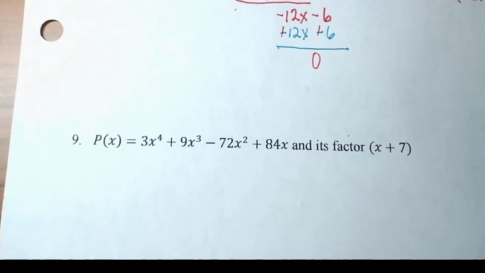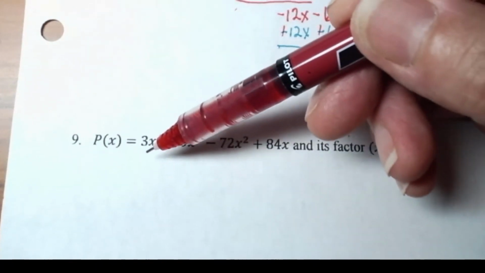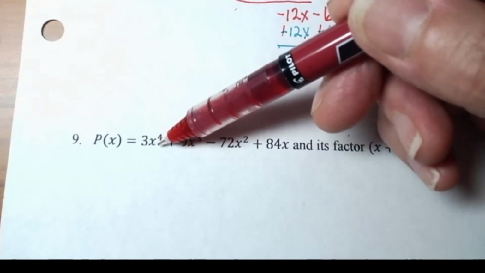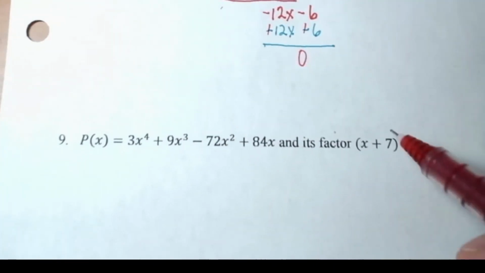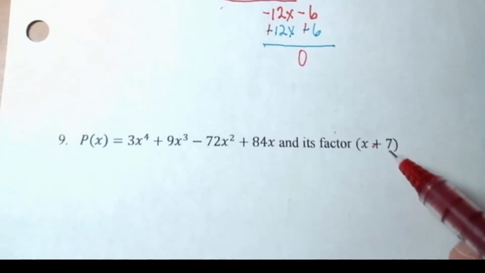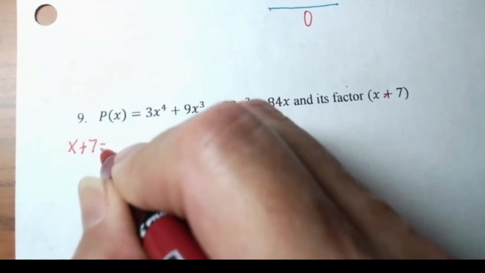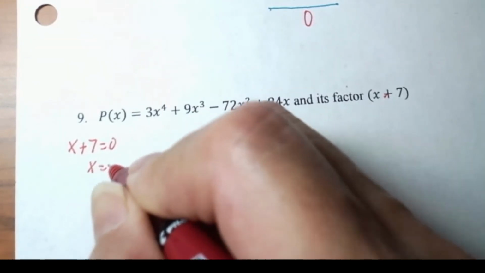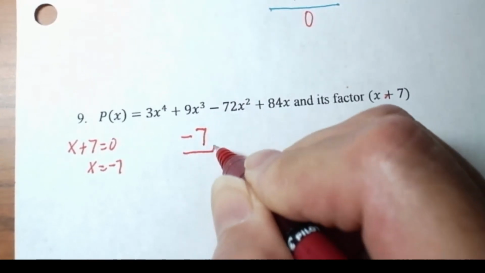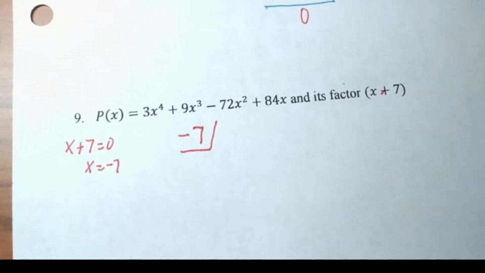Got kind of some big numbers here, but now we have an x to the 4th. You see that? We have a degree 4 polynomial, but here's the good news. This is an x plus 7, so we can use our synthetic division. Remember, x plus 7 equals 0. Solve for x, so the negative 7 is what's going to go in your little box here in your synthetic division.